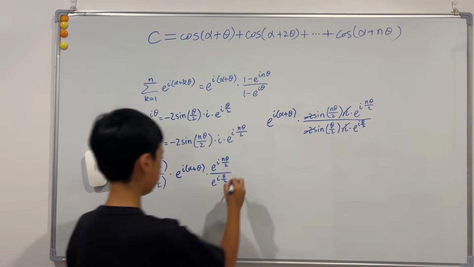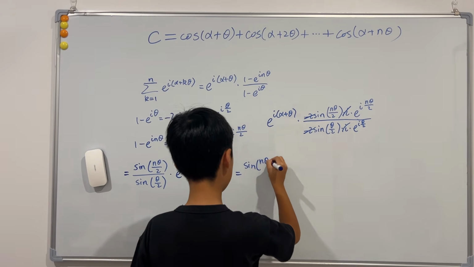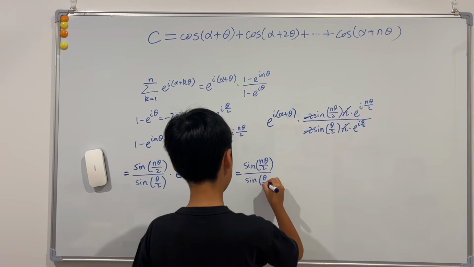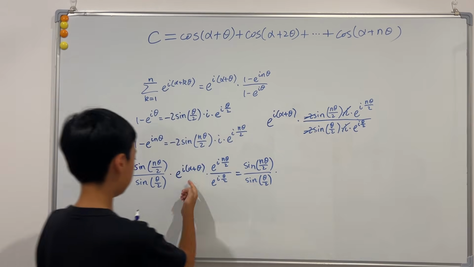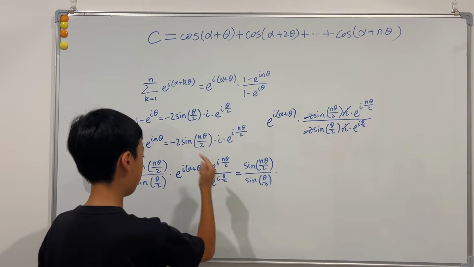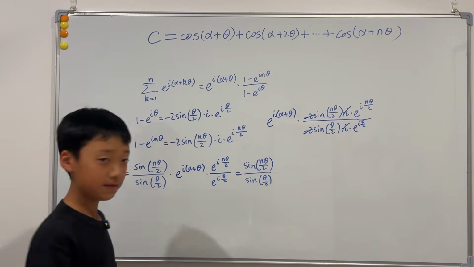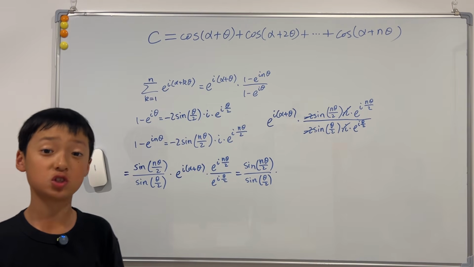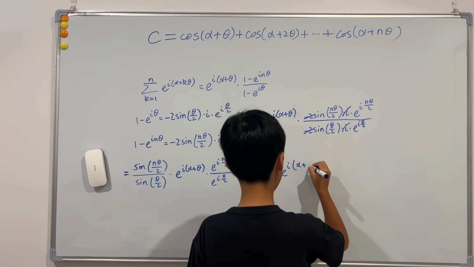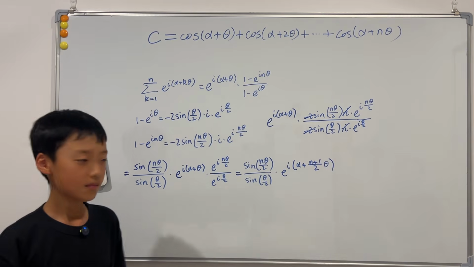So I'm going to keep this. And then this bit will be e^(i(α+θ+nθ/2−θ/2)). And if you do this on your own, the answer will actually just be e^(i(α+((n+1)/2)θ)).